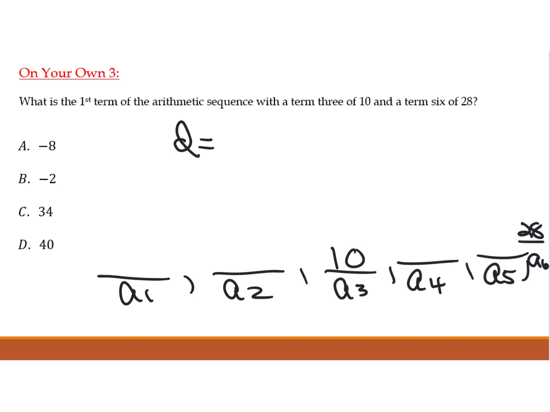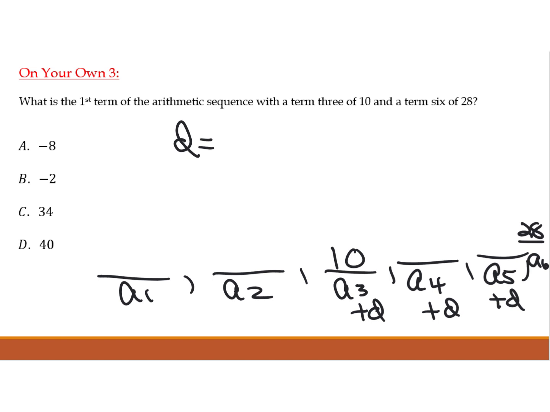But I do know that to get a sub 4, I would add D to 10. To get a sub 5, I would add D to a sub 4. And to get a sub 6, I would add D to a sub 5. So I'm adding D 3 times.